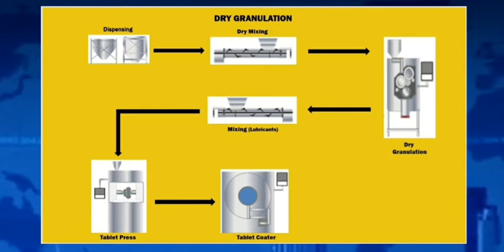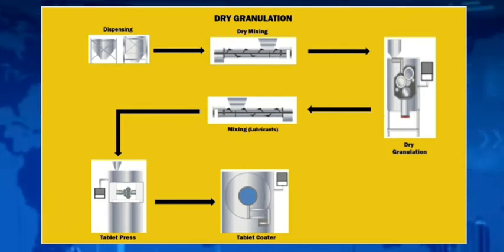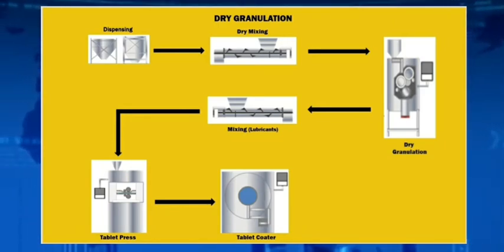First, unlike wet granulation, the weighing and milling of the formulation is done, the ingredients, the drug substances and the excipients, obviously. Once that is done, the mixing of the milled powders is carried out. Then the compression of these mixed powders is done into slugs.